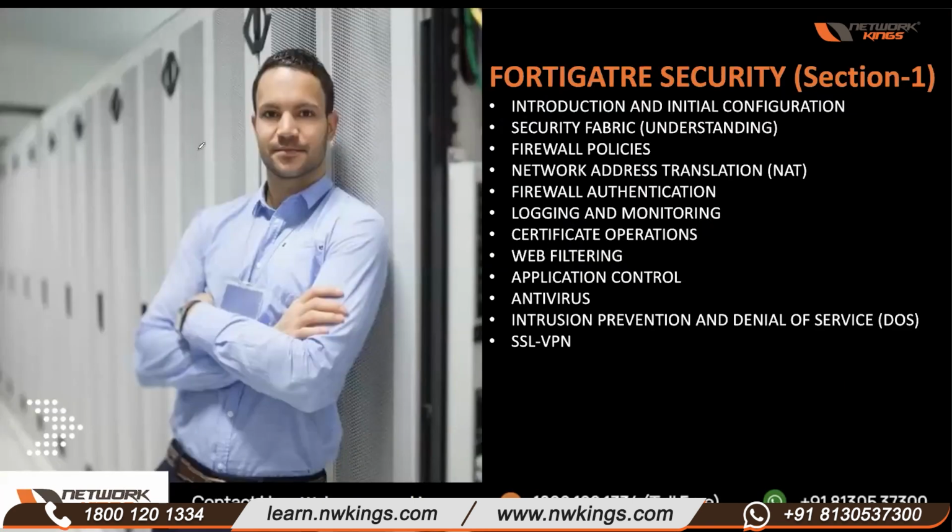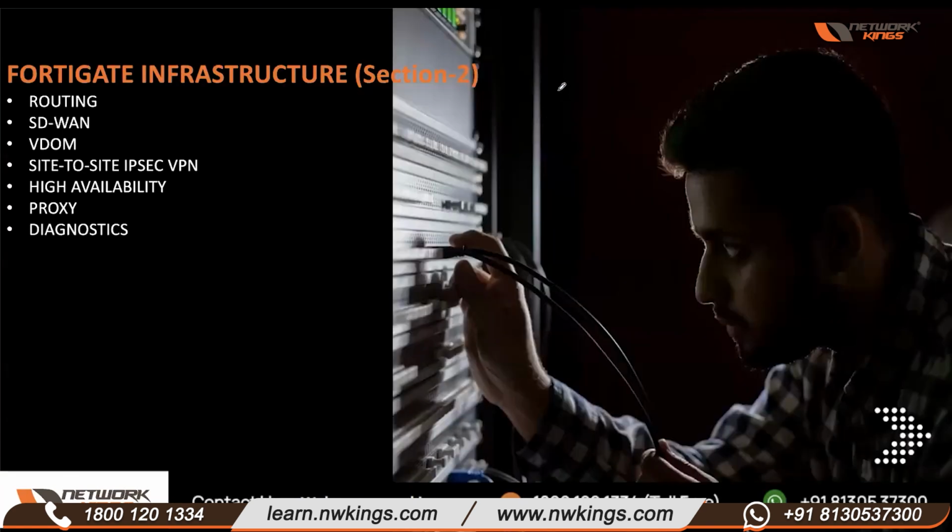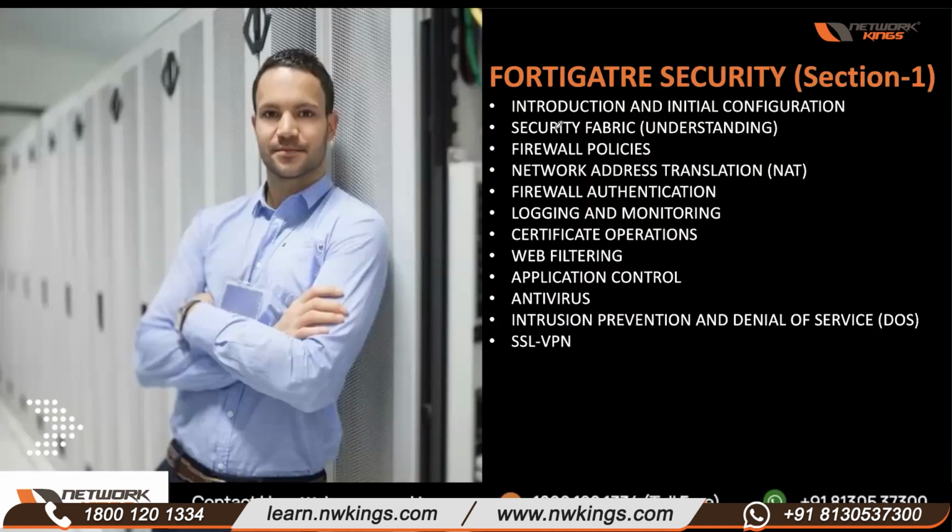Now see, your NSE 4 is divided into two parts. One is the security aspect, and the other is with reference to infra. In security, you should know how your firewall behaves. If a packet has been received onto the device and it's been sent out, my question is simple.